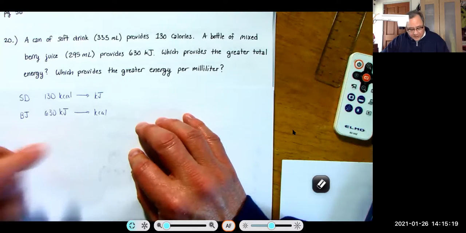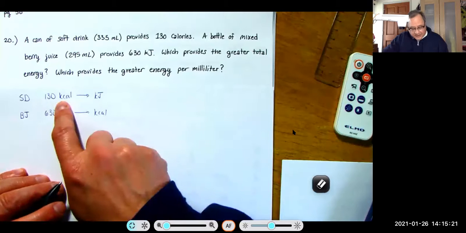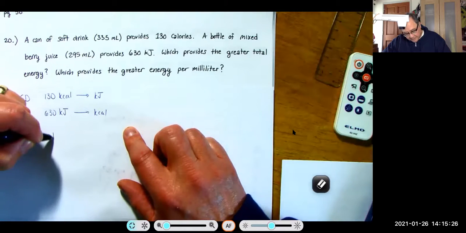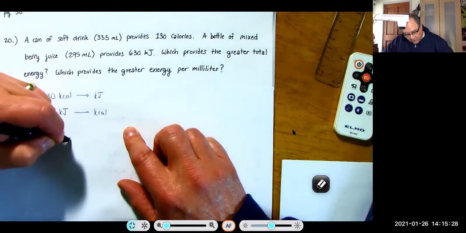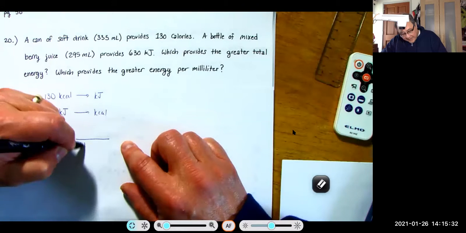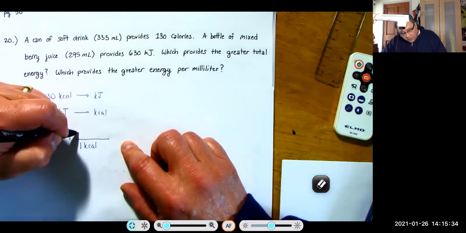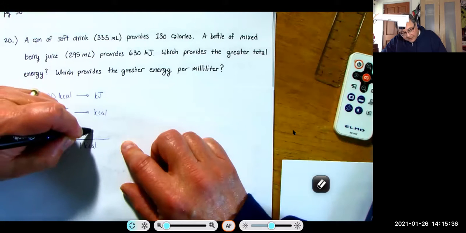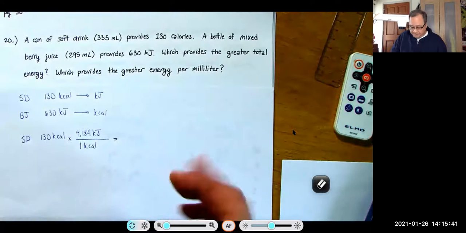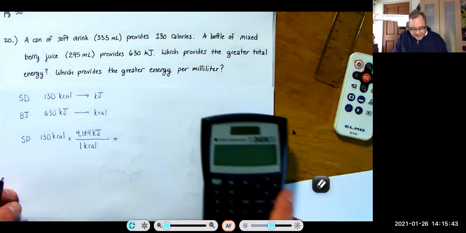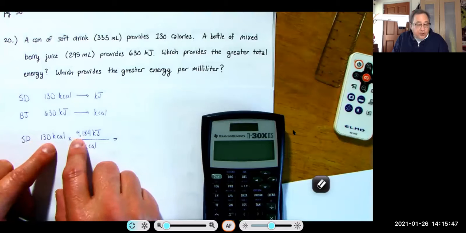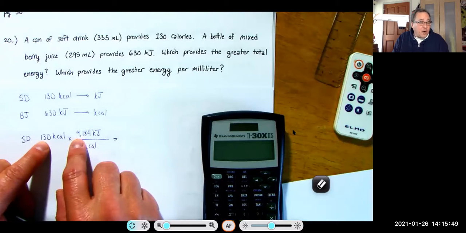So let's take a look at converting kcals into kilojoules for the soft drink. Now, you may recall just a moment ago, we knew that 1 kcal is 4.184 kilojoules from the previous problem. So I'm just going to use that again. And we can estimate this answer because 4 times 100 is 400. 4 times 30 is 120.